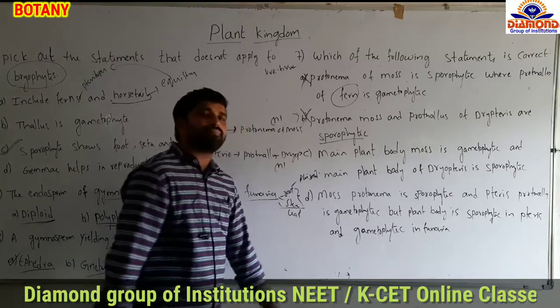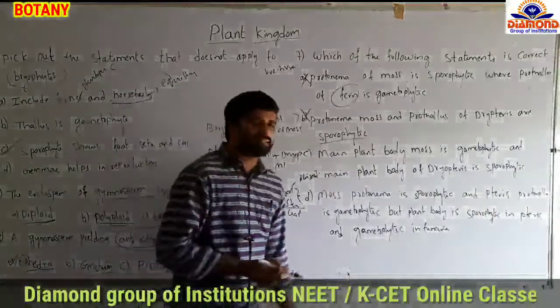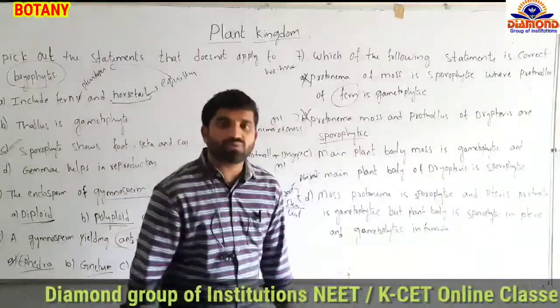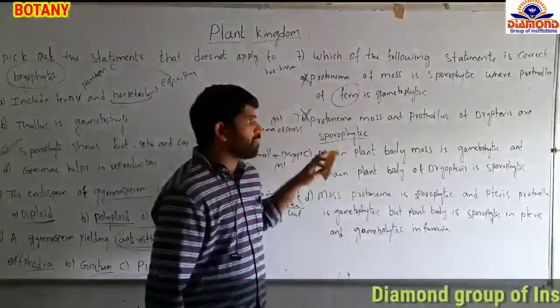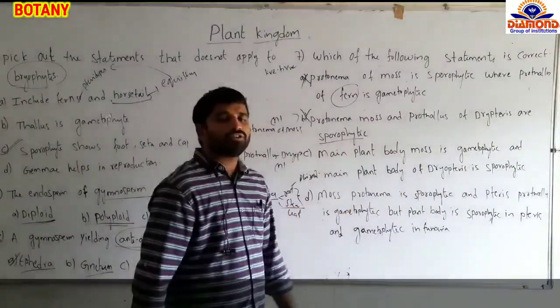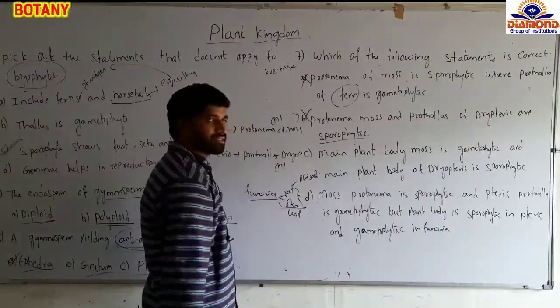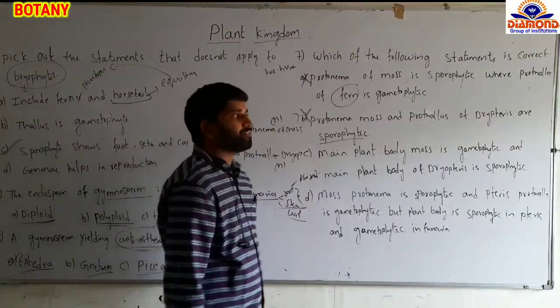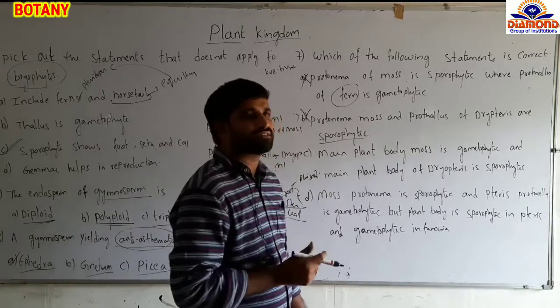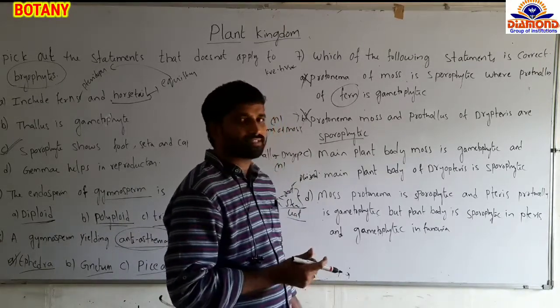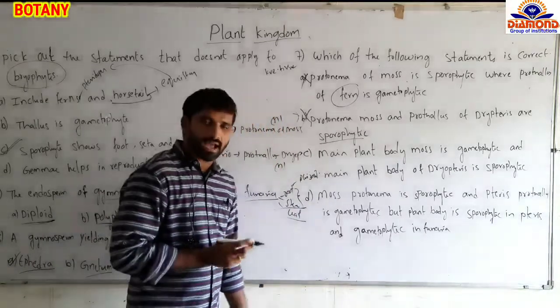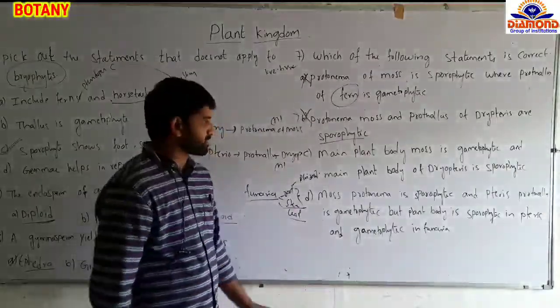And the stem-like structures: the characters of a stem are nodes and internodes, but in the moss Funaria, nodes and internodes are absent. That's why we call it a stem-like structure. The leaves are small tongue-like structures, and veins and midribs are absent, so we call them leaf-like structures.